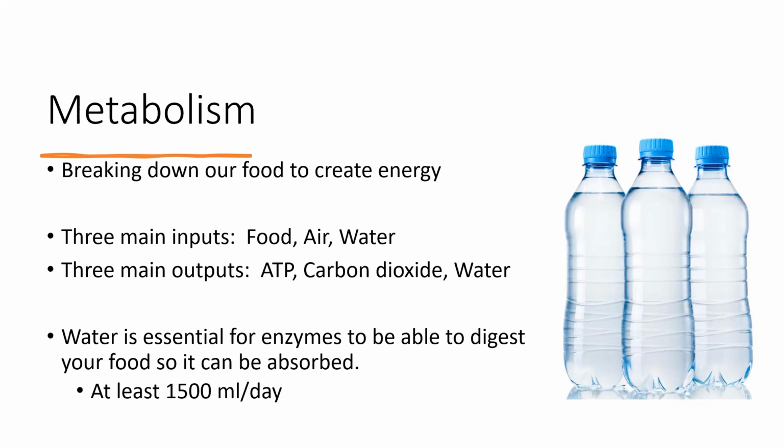And how much do you need? At a minimum, you need about 1,500 milliliters of water a day. So each of these little bottles that you might get at the gas station or at the vending machine at school, right? They're usually about 500 milliliters. So if you drink one with breakfast, one with lunch, and one with dinner, you're going to be just fine, and you're going to be in perfect homeostasis, and you're not going to have indigestion.